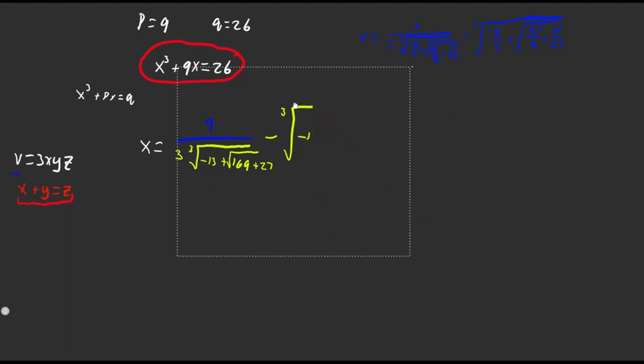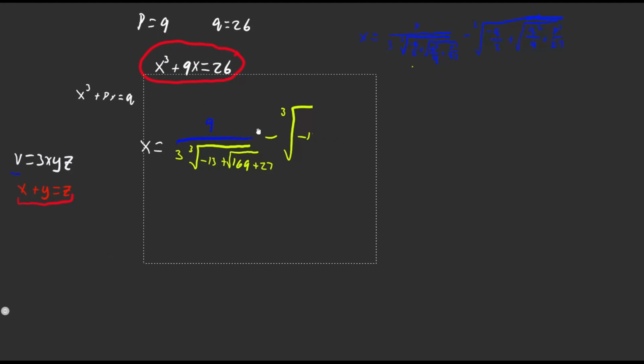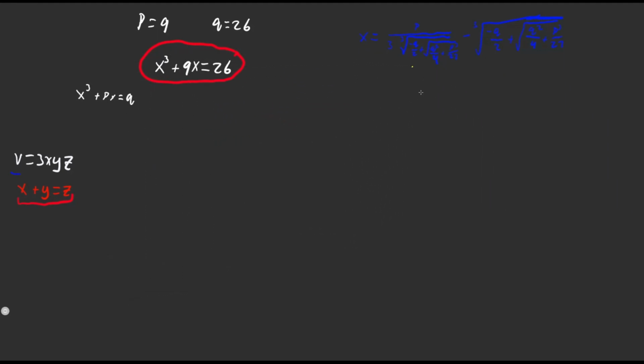And with that, we will not directly use the solution, but rather see how our quadratic behaves when we have a cubic with no whole solution. So let's start off with x cubed plus x is equal to 6.